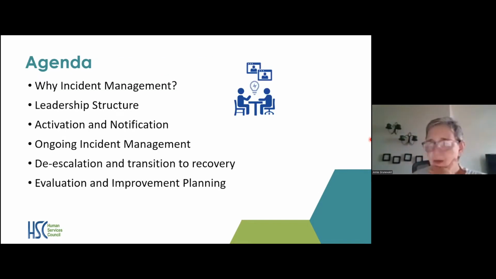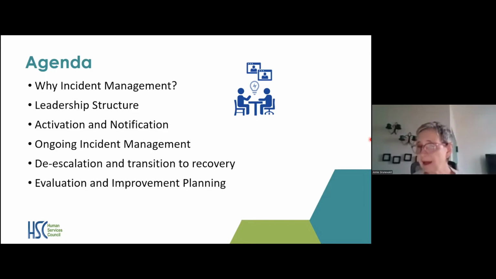So what are we going to be talking about today? First thing is why a special kind of incident management and not your regular management approach. And then we're going to look at a leadership structure that you can use. We're going to talk about how you turn that leadership structure on when something happens and you need your team.